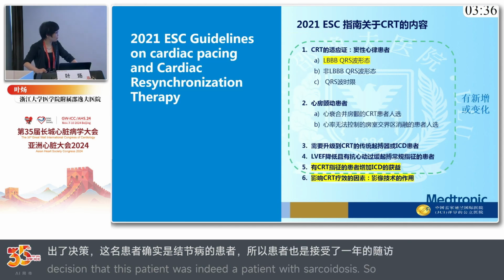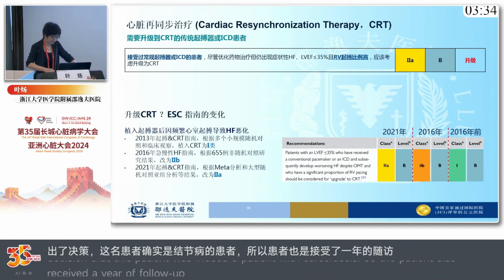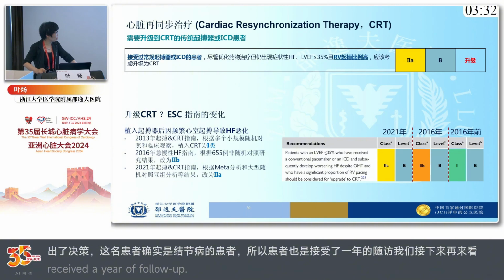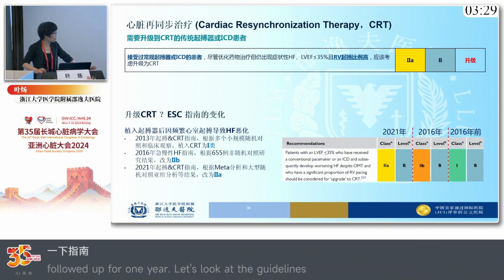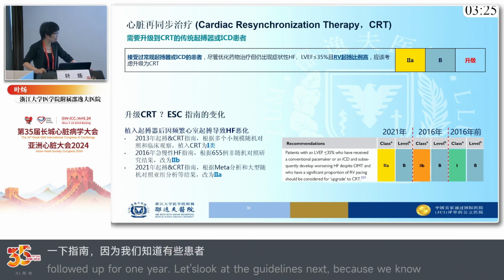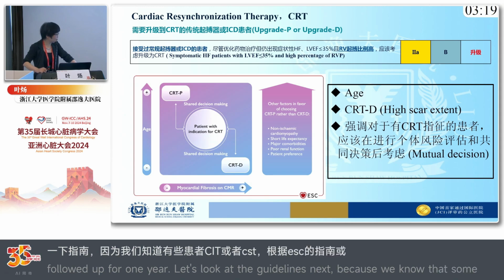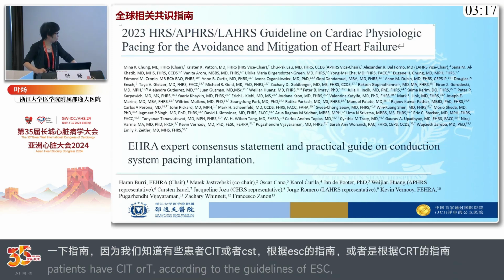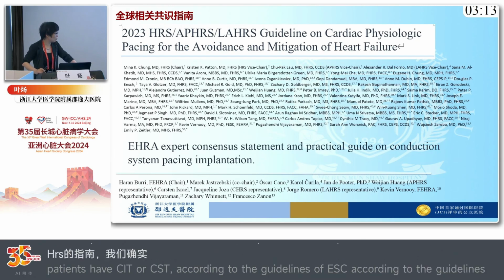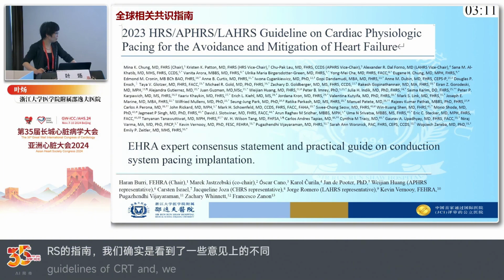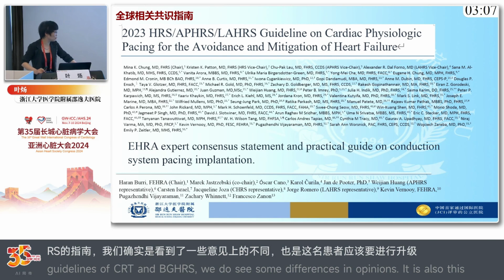Let's check the guideline again, because we think here the patient has CRT or CSP. That's a big question. From the ESC guideline, the CRT guideline, and the HIS guideline, we found some different opinions. But the patient has to be upgraded because the patient is defined as PICM from the EF reduction, right?